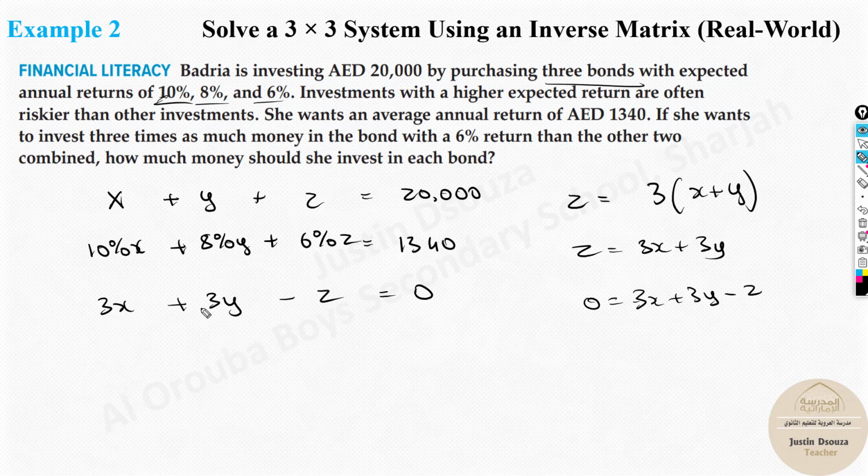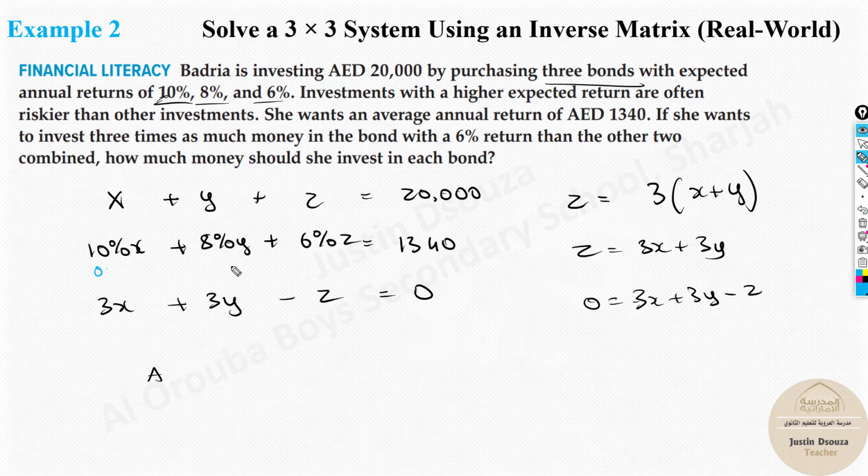Now here the same formulas can be used, inverses. You can write all the coefficients and solve. Now look over here, this 10% you can write as 0.1, not 0.01.